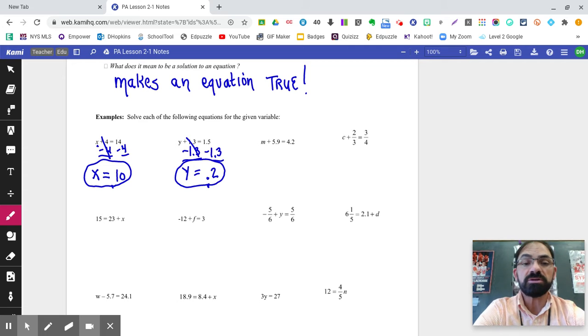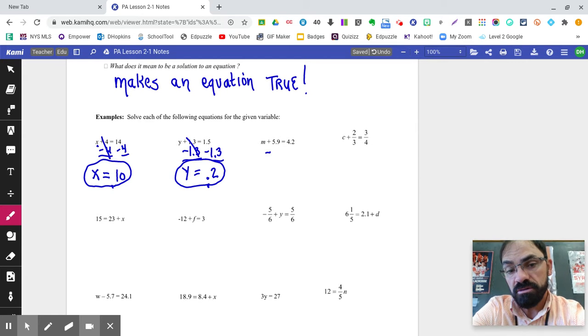Remember, we have a calculator, so let's use it if we need it. You'll never get in trouble for using a calculator. Next, m plus 5.9 equals 4.2. So on the same side of the equal sign as m is 5.9. Do the opposite to get rid of it. So let's subtract it.